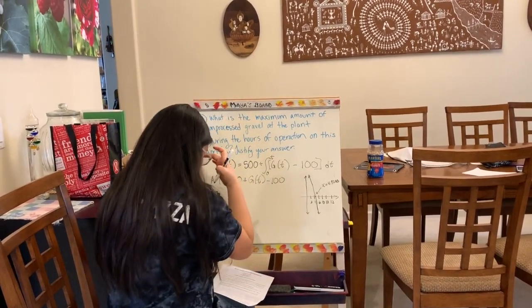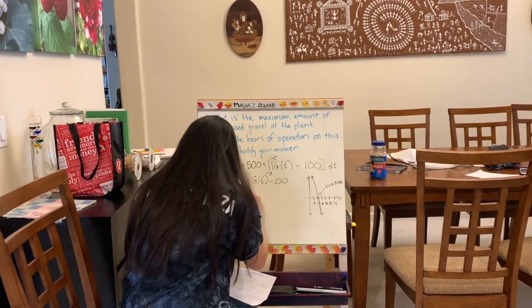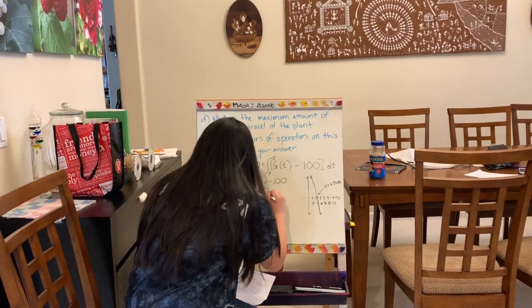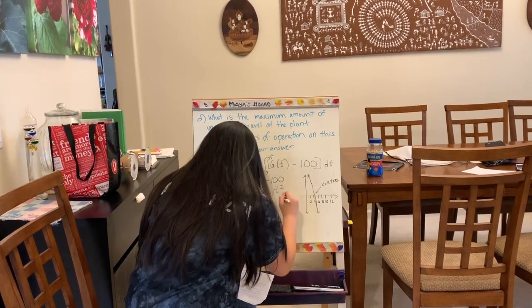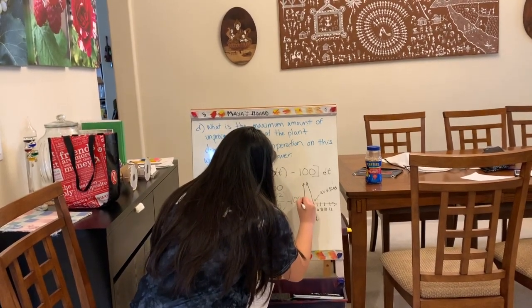And then if you plug in the function for G of T, which is given in the problem, you get 90 plus 45 cosine T squared over 18, subtracted by 100.